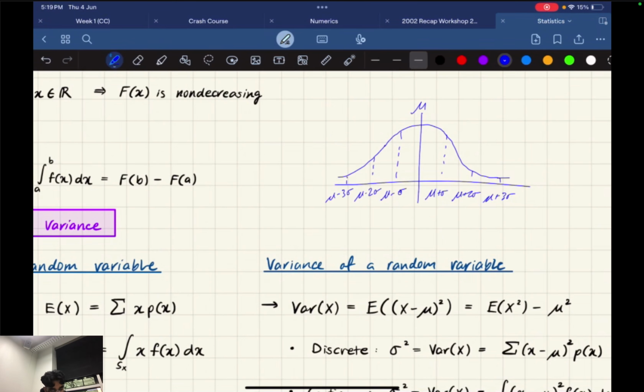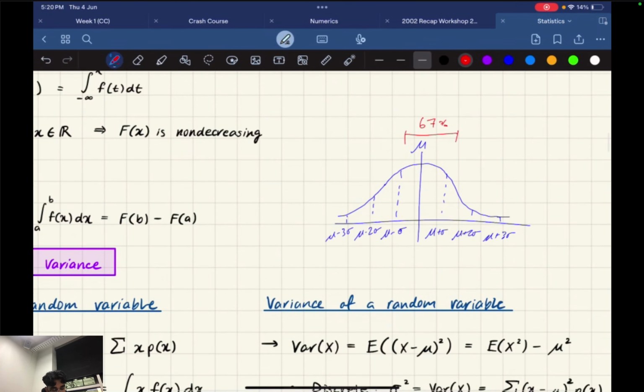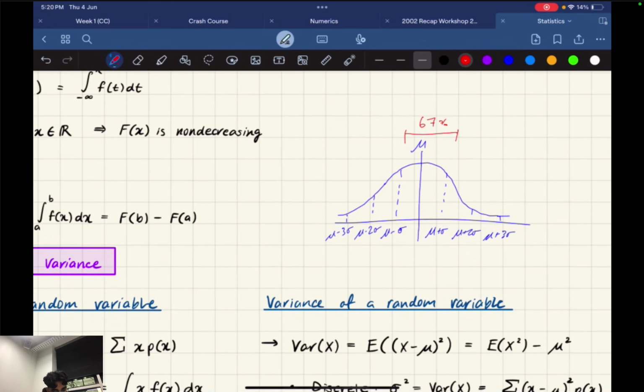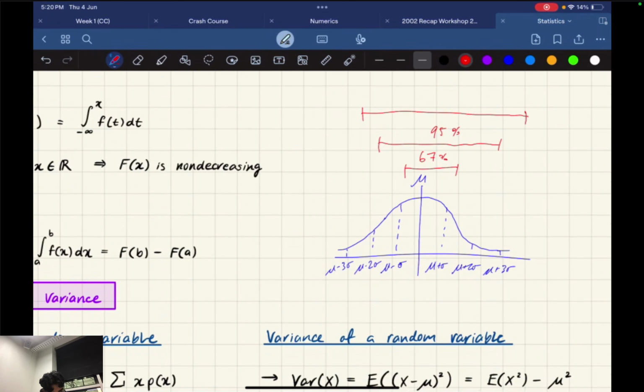And between each of these, this takes up about 67% of our probability. This is, I think, 95. And between here and here, it's going to be 99.7%. I'll have to double check this one. But that's pretty much talking about the probability that your data lies within these 2 points.